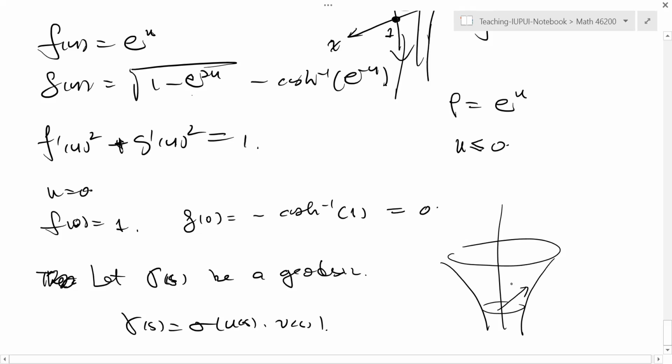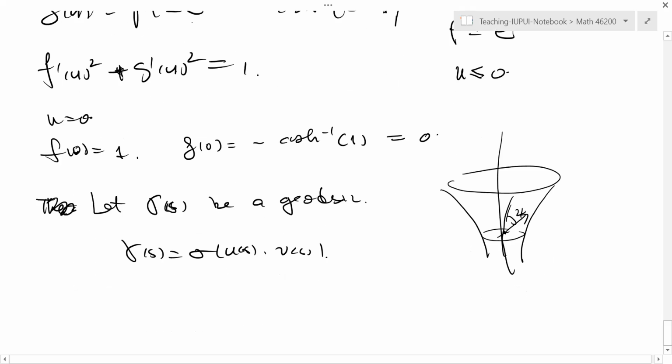This will be the angle phi, then sine u.